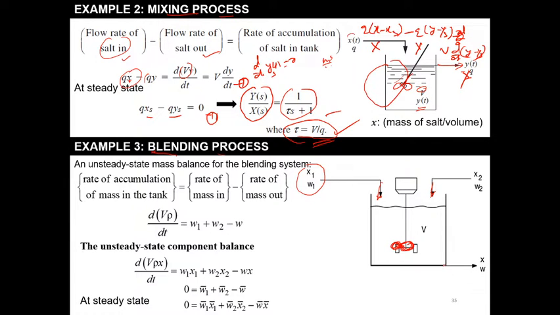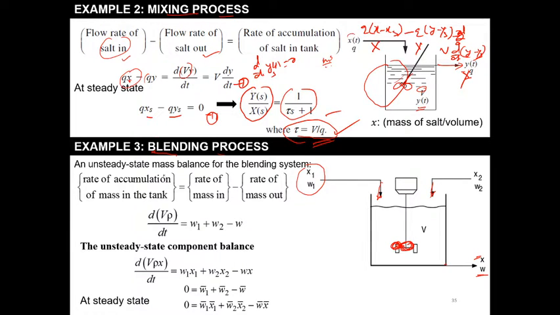The final product leaves the tank with flow rate W and concentration X, right? So you have to model, you have to find out the transfer function for this system, right? So how will you do?